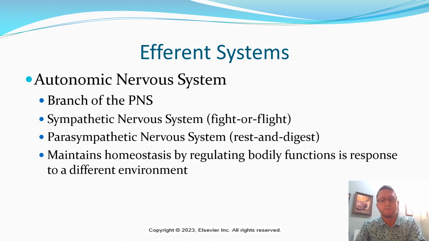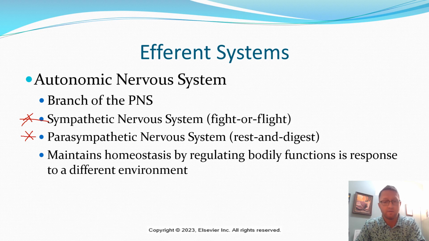I do want to highlight some of these important factors of the autonomic nervous system. So thinking of some of these efferent systems. This is a branch of the peripheral nervous system. The two that I really want you to focus on would be the sympathetic nervous system and the parasympathetic nervous system.